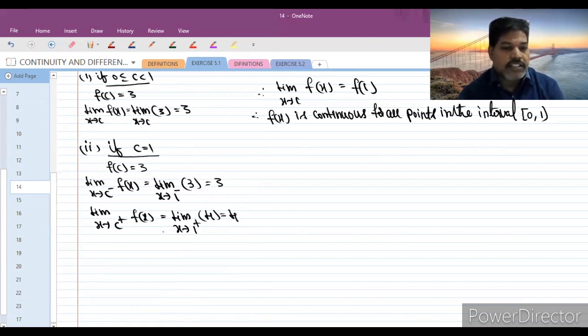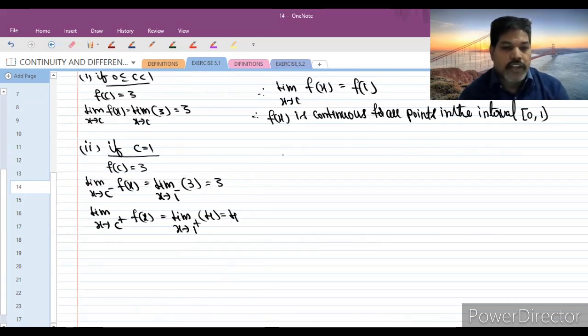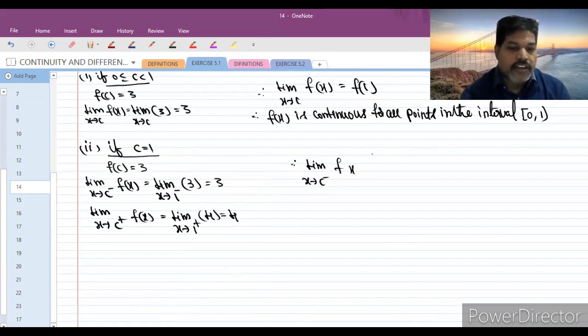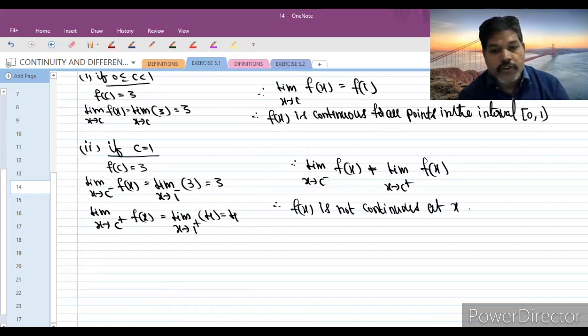So here, what is the case? The left-hand limit is 3 and the right-hand limit is 4. Therefore, we can conclude that the limit as x approaches c from the left of f(x) is not equal to the limit as x approaches c from the right of f(x). So f(x) is not continuous at x = 1.